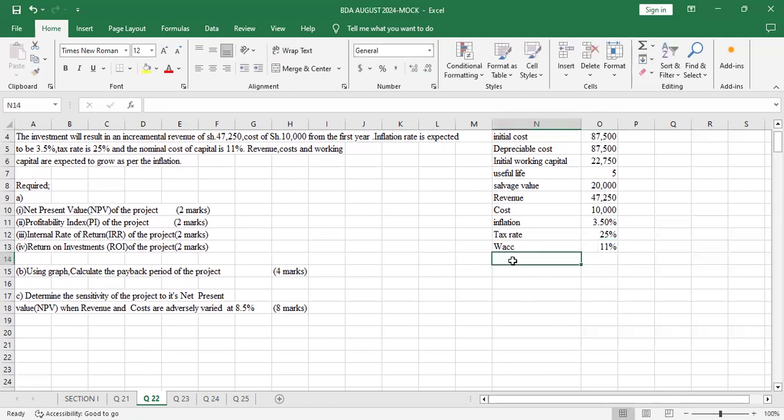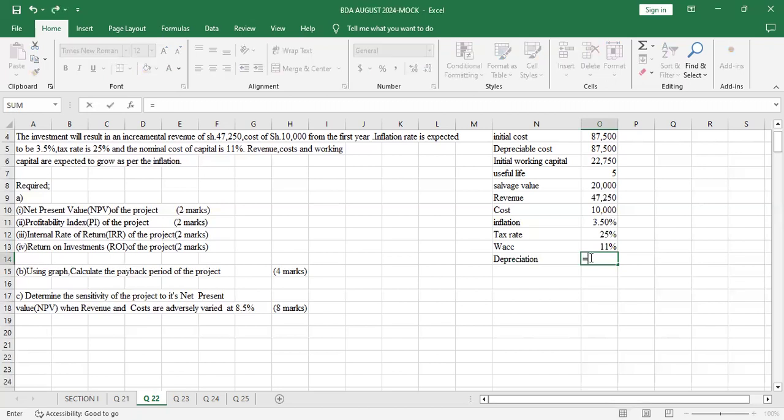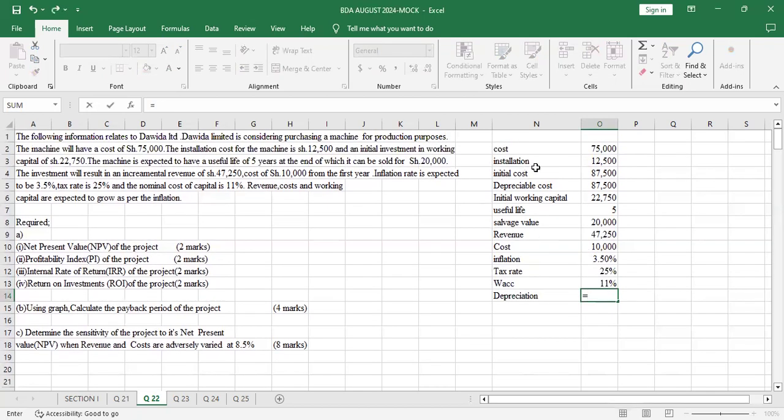So the last thing I'll do here before I prepare the table of income statement and investment statement is to get the amount of depreciation. Because they're silent, we use the straight line basis. So the straight line basis will take the cost, which is 87,500, the depreciable cost.